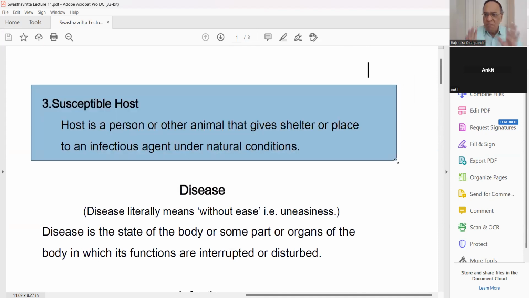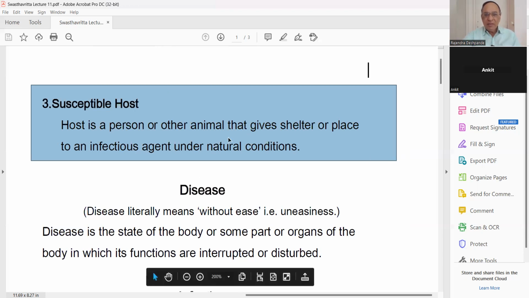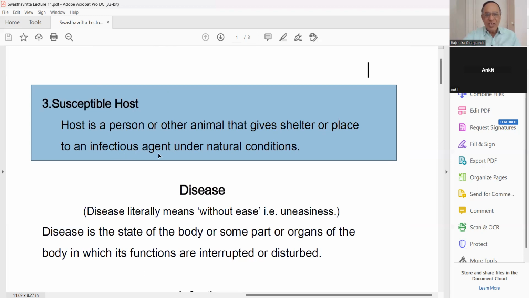Please write down this word, very important. Host, H-O-S-T. Host is a person or the animal that gives a shelter or place to an infectious agent under natural conditions. Are you getting this word? That means the person who is carrying the infection in his body.